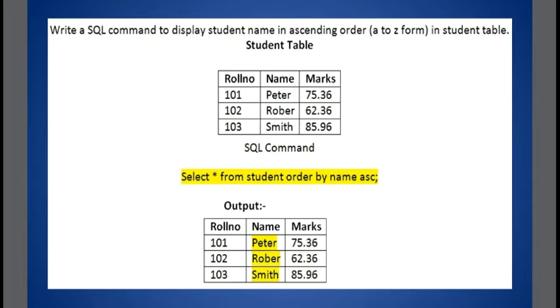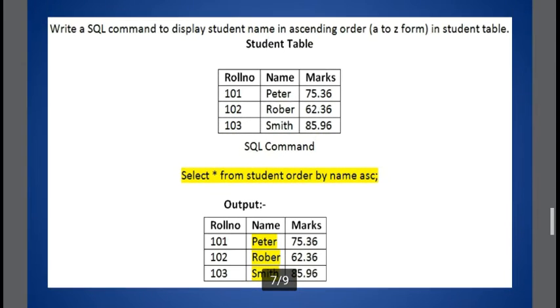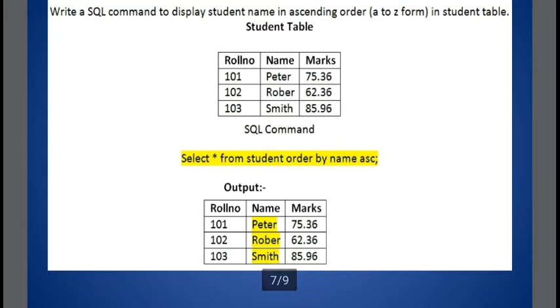SELECT star FROM student, because I want to apply it on all the records, but ORDER BY we must use. Order by which column? Name. Ascending or descending? I want ascending, so ASC, then a semicolon to complete this command. You can see Peter, then Robert, then Smith. So this is our data in ascending order.